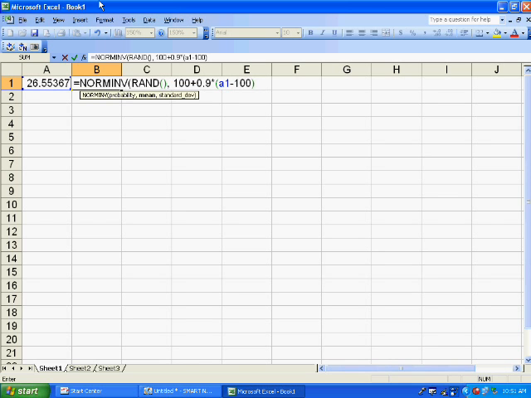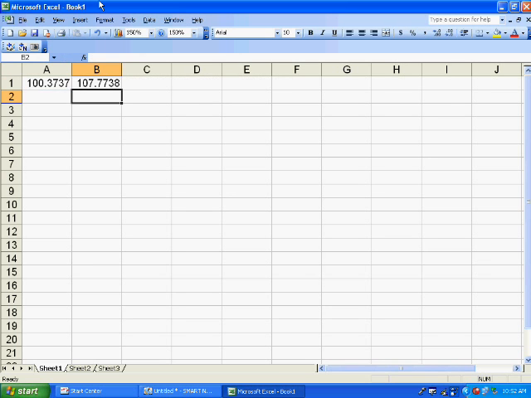Okay, that's the mean. We also need the standard deviation. The standard deviation is going to be, where did I write that down? 10.897. Okay, I'm going to have a random sample of size 10.